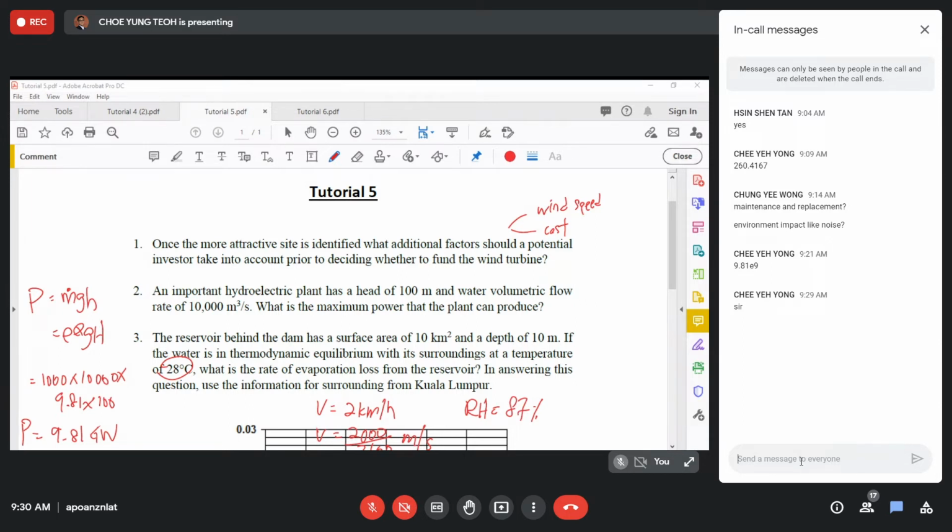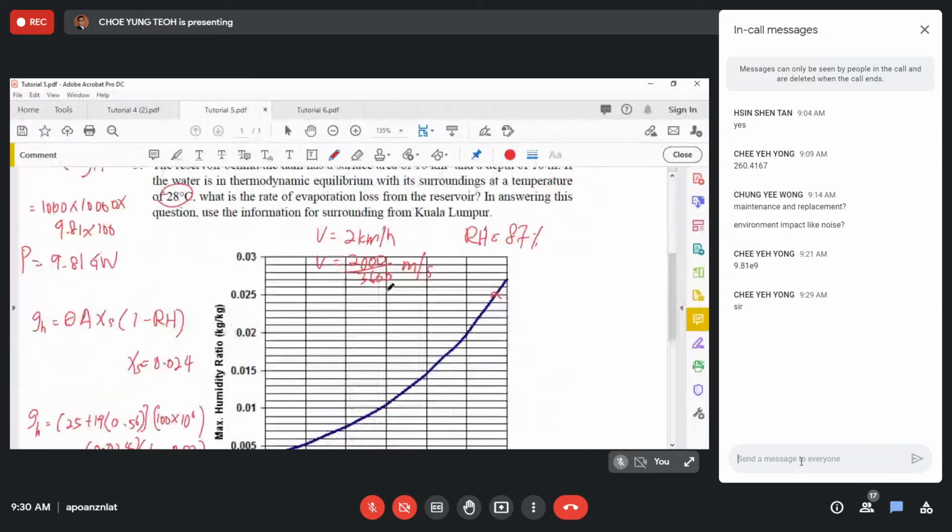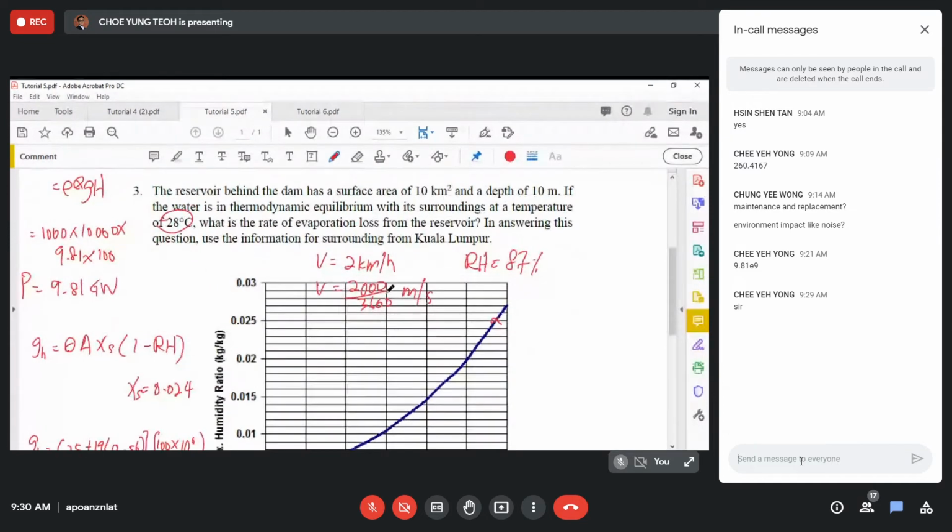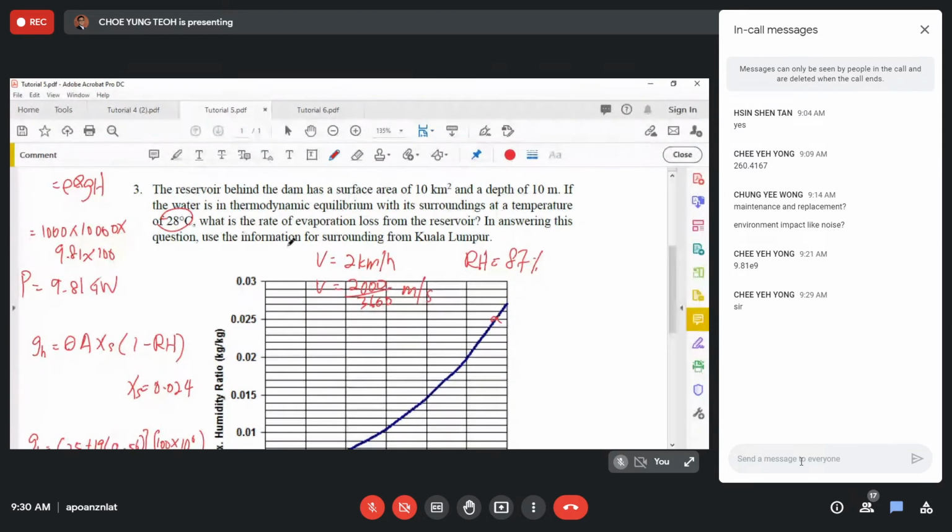Oh, a few questions were already taken as examples in the lecture, so they no longer appear in my tutorial 5. And question 3 in tutorial 5 is newly added. Maybe I will update it in the Google Classroom.